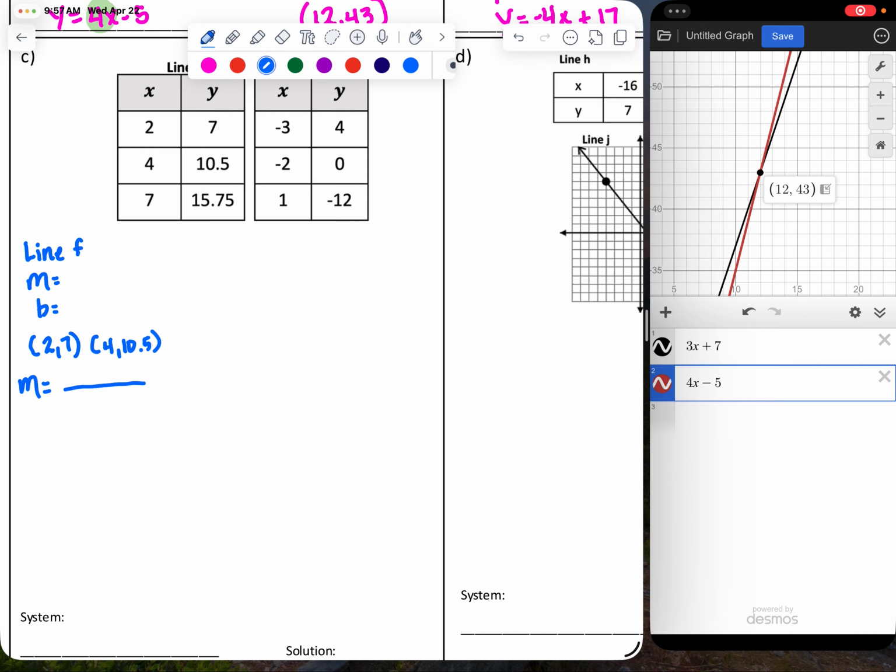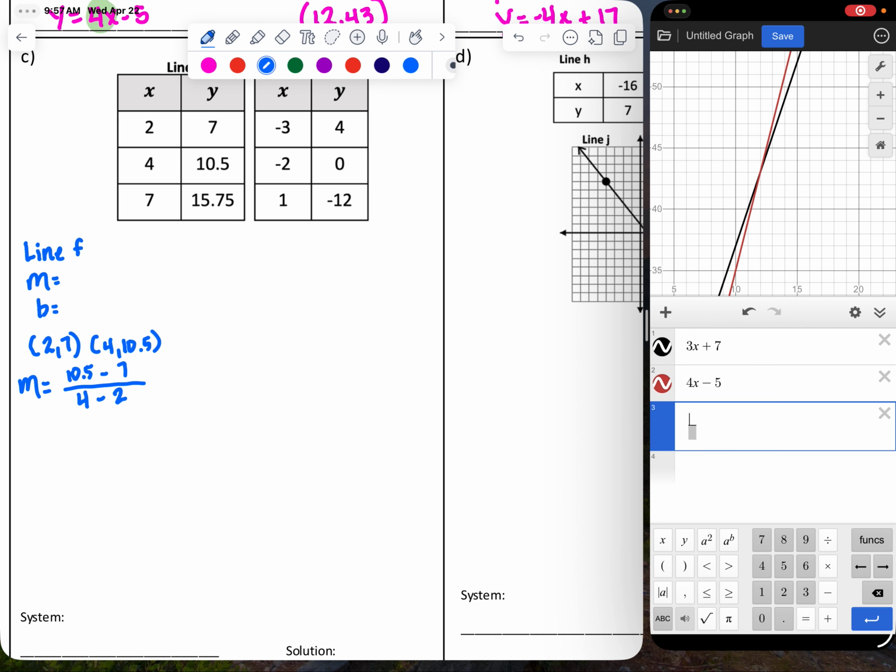So remember, it's y2, which is 10.5, minus y1, which is 7, over x2, which is 4, minus x1, which is 2. All right, so I'm going to put this in my calculator. 10.5 minus 7 and 4 minus 2, and I get a slope of 1.75.